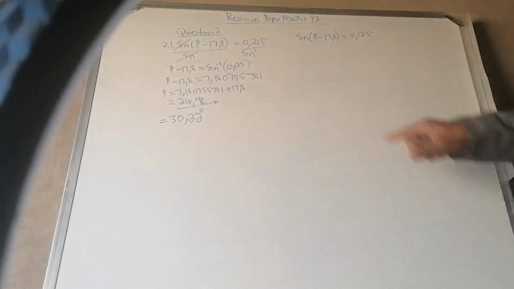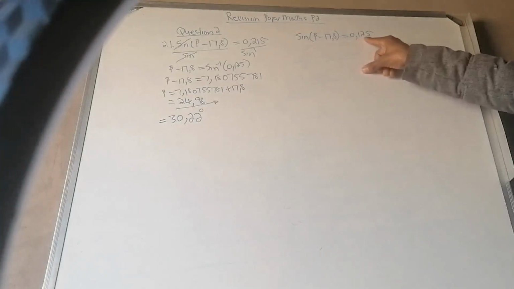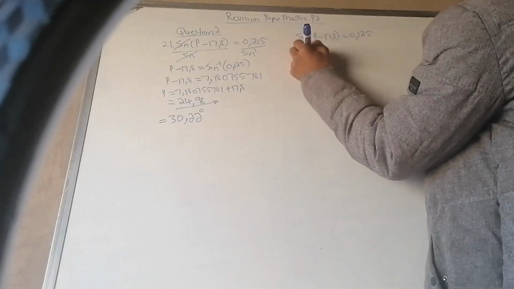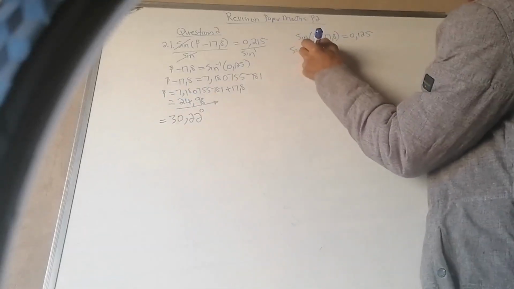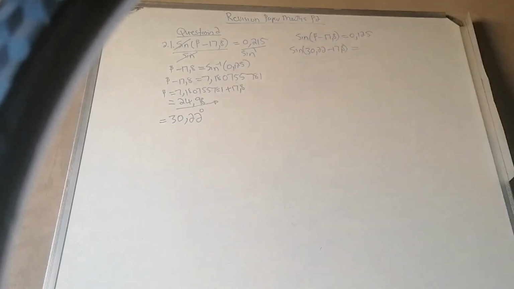How can you check the angle here? Substitute the angle and see whether it gives 0.125. The sine of 30.22 minus 17.8, is that value 0.125?